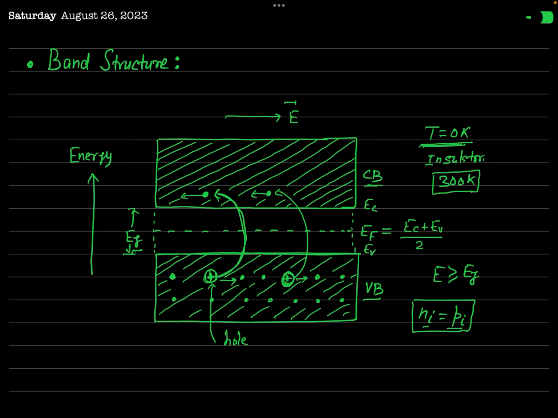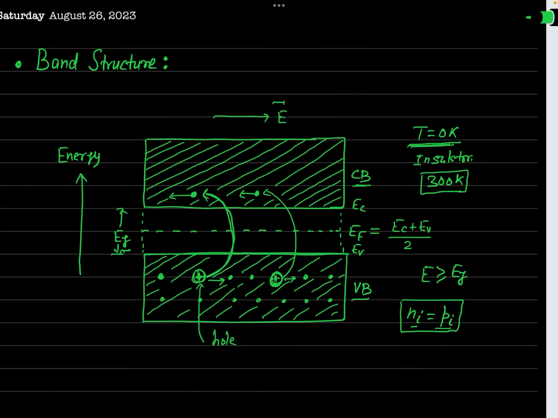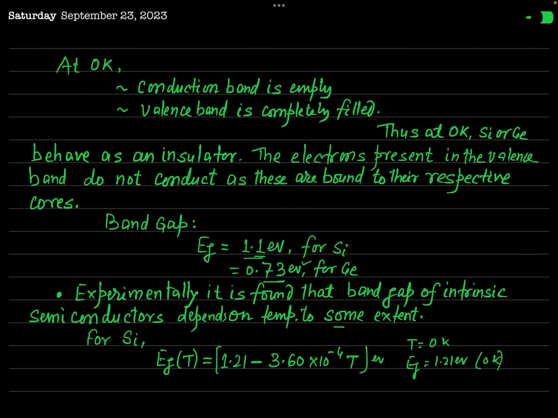In fact, at room temperature, what is the value of this Eg? In your textbook, you study that the band gap in case of silicon is equal to 1.1 electron volt. But remember, this value of 1.1 electron volt or 1.2 electron volt, which is mentioned as band gap for silicon in your textbook, is not the band gap at all temperatures.